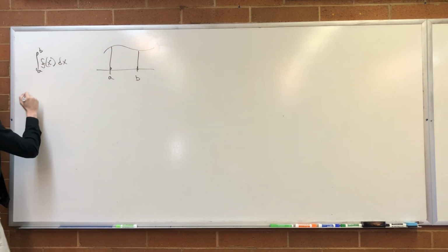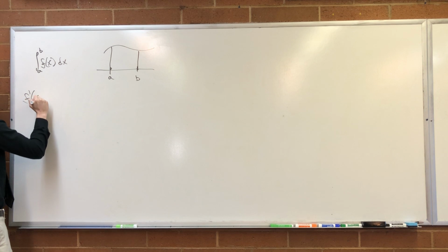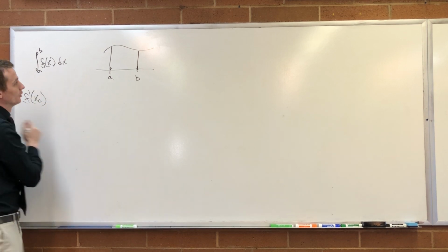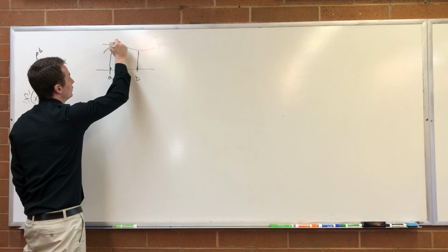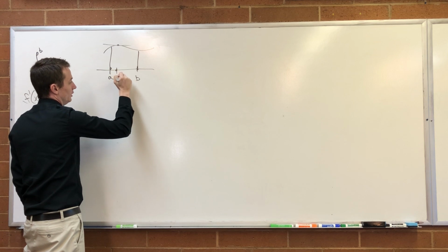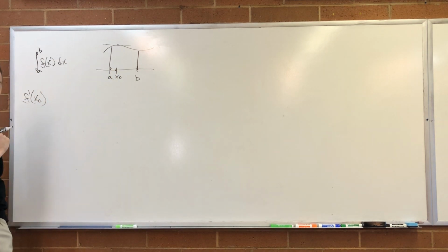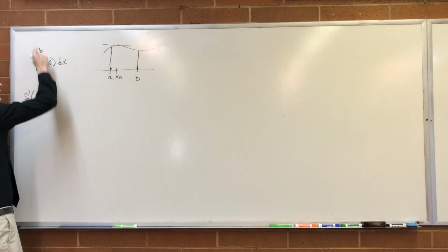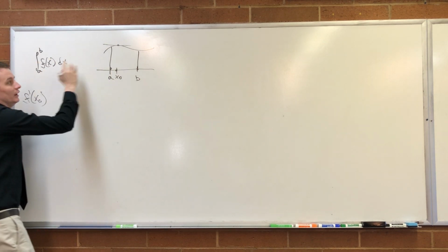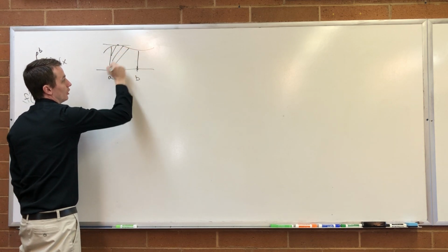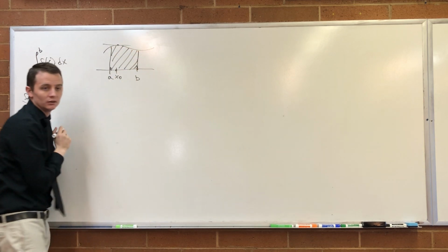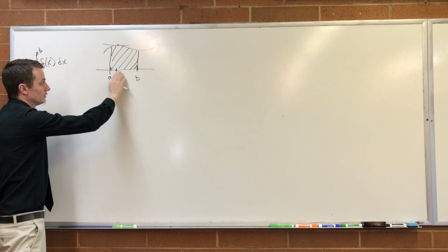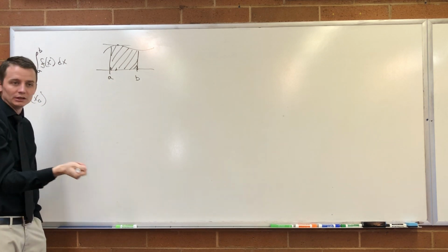The same way that f prime of x naught means the slope of a function at a point x naught, right? That's what the derivative gave us. The integral from a to b of a function is going to give us the area under the curve of that function between the points a and b. That's intuitively what it gives us.